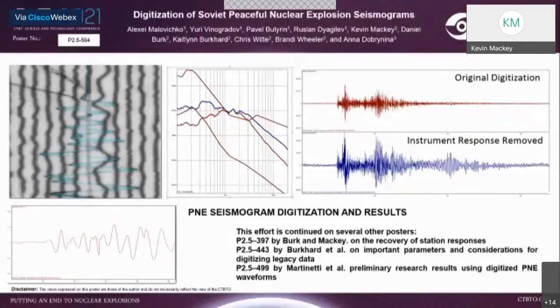These peaks are fit using a PCHIP algorithm to represent a realistic waveform. One of our important aspects is that we are also recovering the original station calibration information and converting it into poles and zeros. This allows us to remove the instrument response from our digitizations. An example is shown near the center and right side of the image.